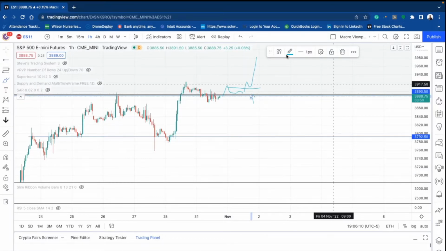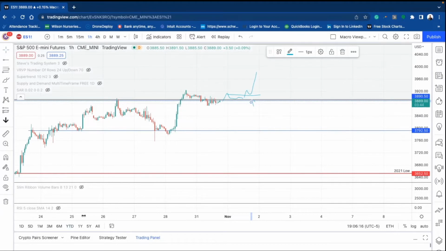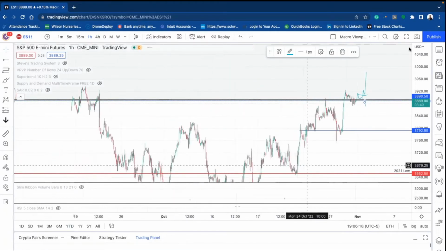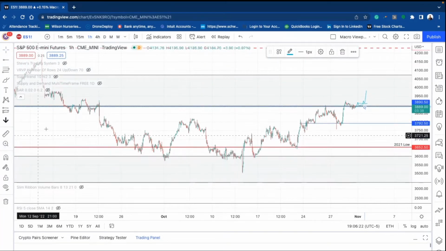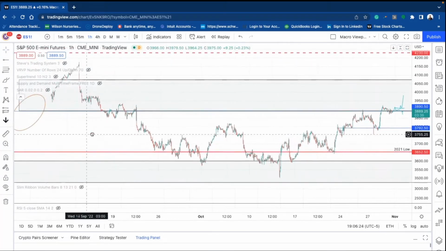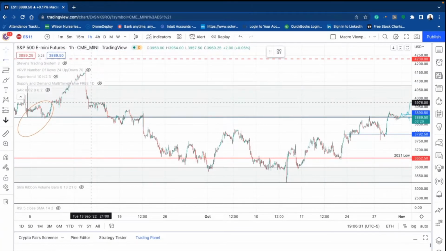And then in terms of profit targets, I would probably be inclined to take some risk off of my position on a clean break of, I'd go with these highs right here.